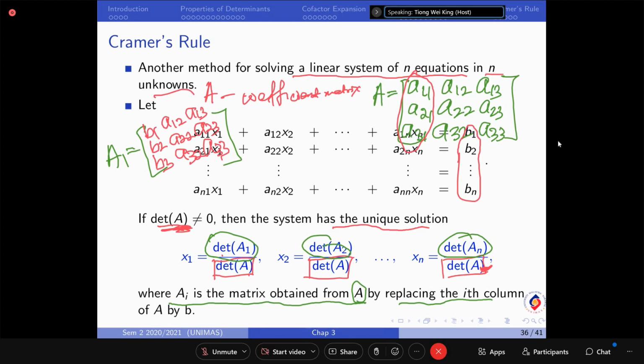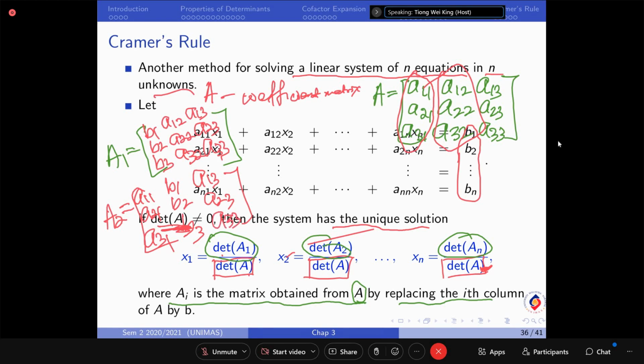Okay, that's for A1. If A2, you replace the second column. So the second column is B1, B2, B3, and then the first column and the third column are the same: A11, A21, A31, A13, A23, A33.